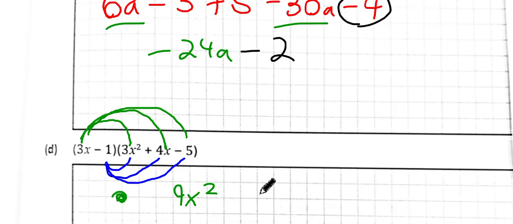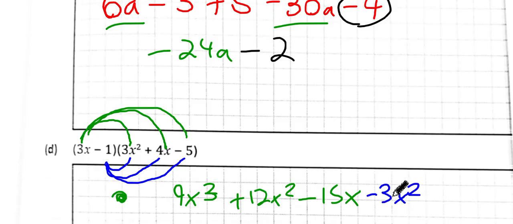So I'm hoping most of us got 9x cubed, right? 3x by 4x is 12x squared, 3x by -5 is -15x, and then -1 by 3x squared is -3x squared, -1 multiplied by 4x is -4x, and -1 multiplied by -5 is +5.